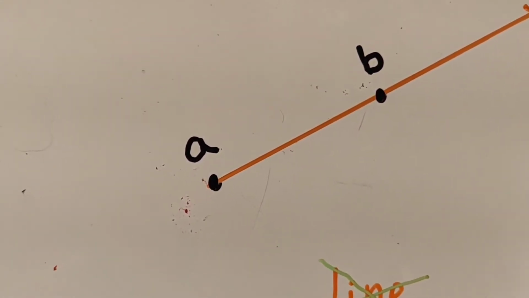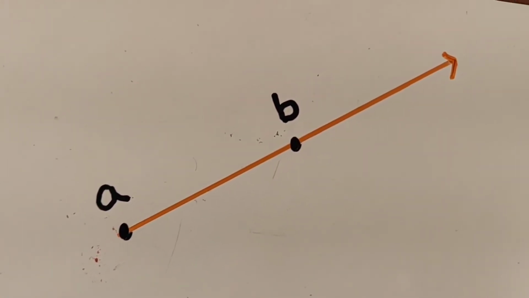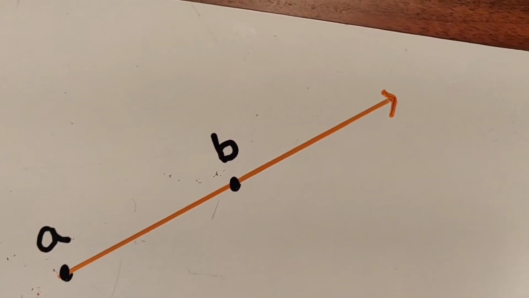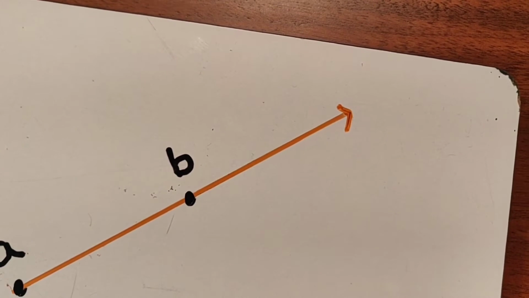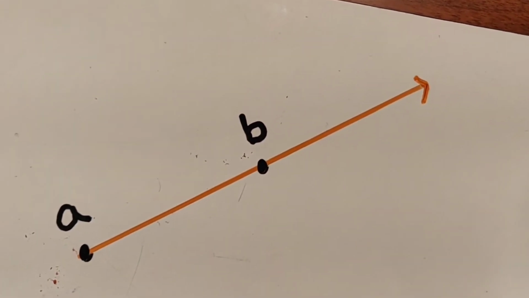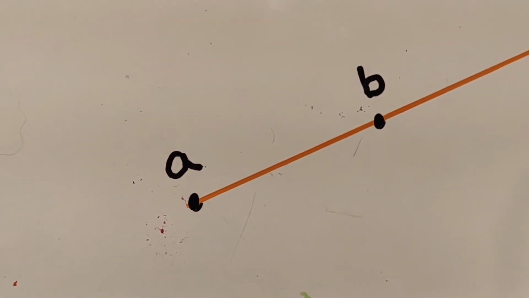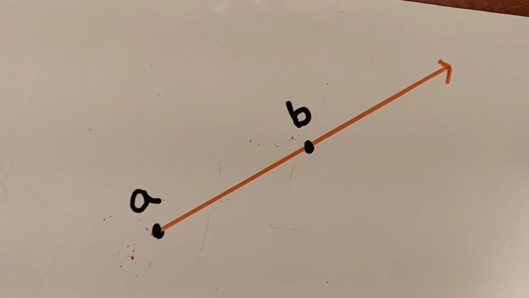So if we start at point A and go to point B and keep going, this ray goes in that one direction forever and ever and ever. But if we go in the other direction, it stops at a point. It stops at point A. So that's what a ray is.